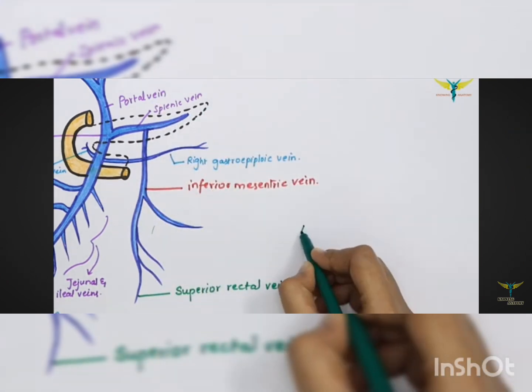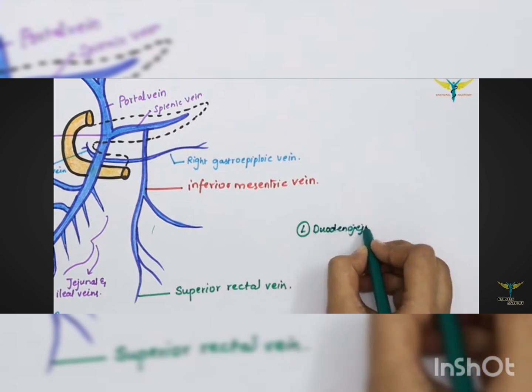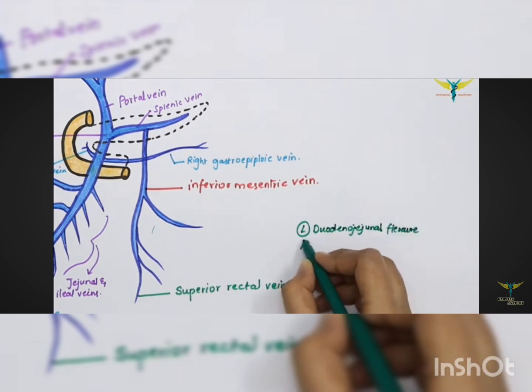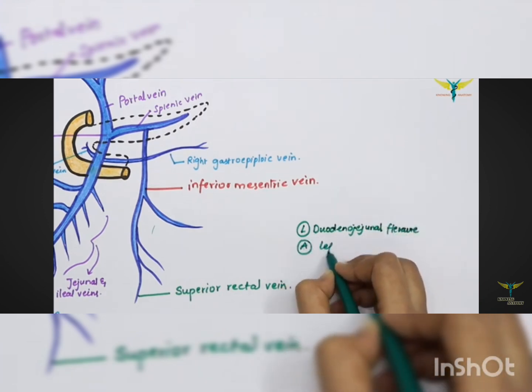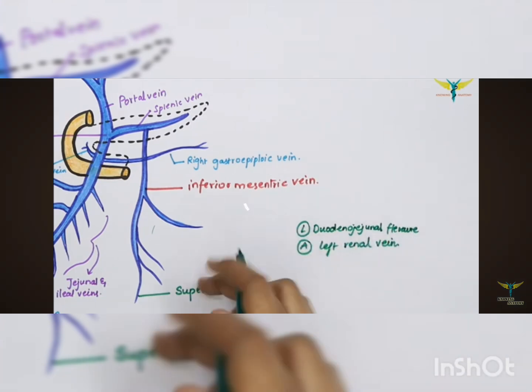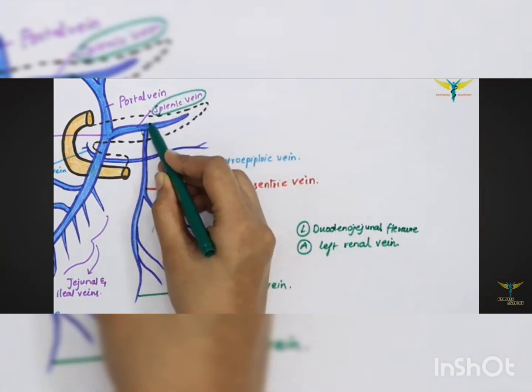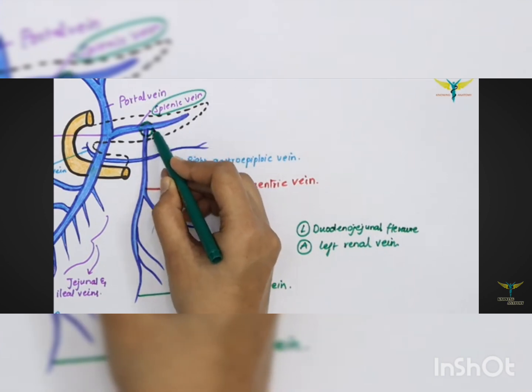So remember, it passes laterally to the duodenojejunal flexure and anteriorly to the left renal vein, and finally it drains into the splenic vein. You can see the draining of the inferior mesenteric vein here.